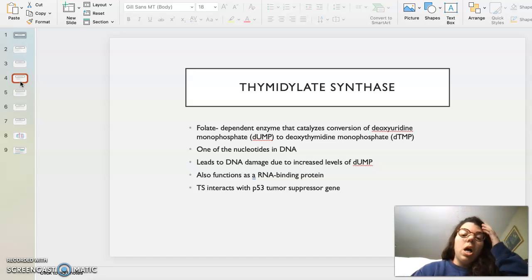And it's one of the nucleotides in DNA. It leads to DNA damage due to an increased level of DUMP. It functions as an RNA binding protein, and it interacts with the p53 tumor suppressor gene.